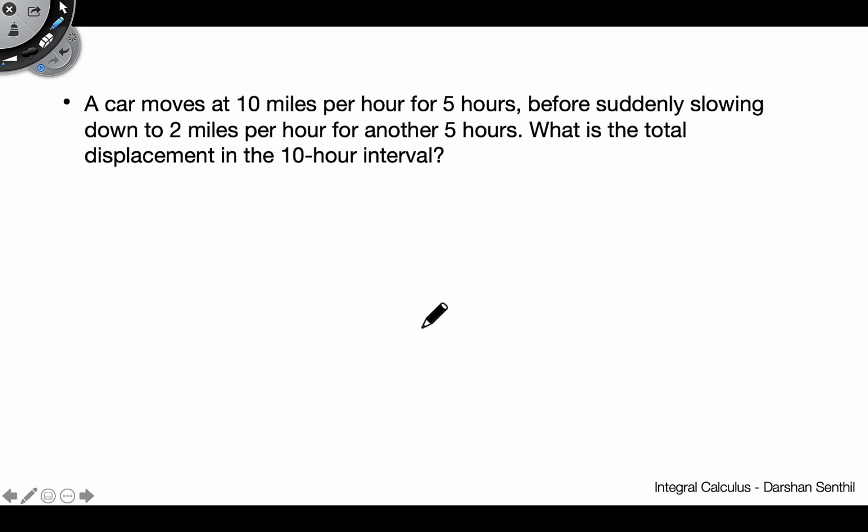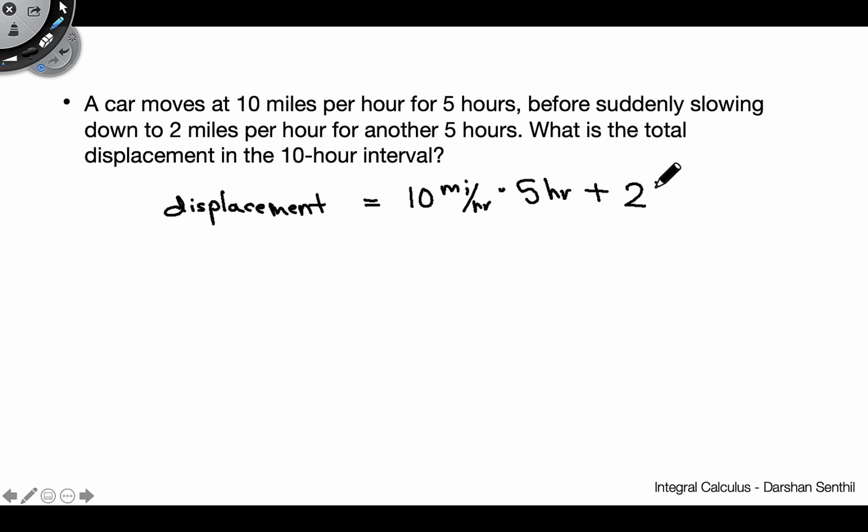Well, the formula is exactly the same. We're still going to use displacement equals velocity times time, except we're going to need to do that for each of these intervals because the velocity does change here, right? So our displacement this time is going to be 10 miles per hour times 5 hours, plus we're going to add on the extra displacement from this other interval here. So we have 2 miles per hour times another 5 hours.